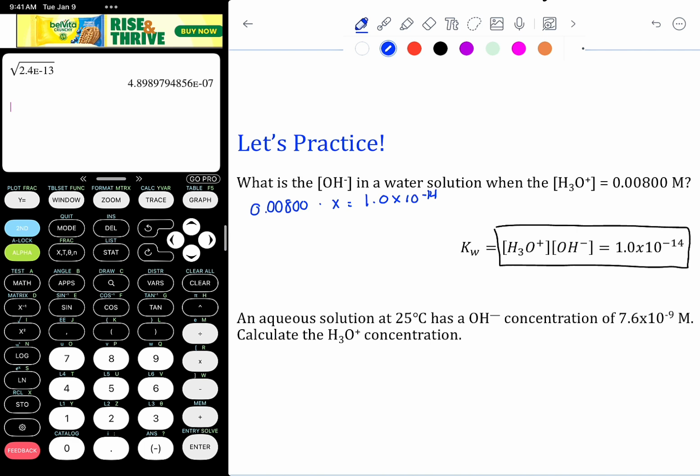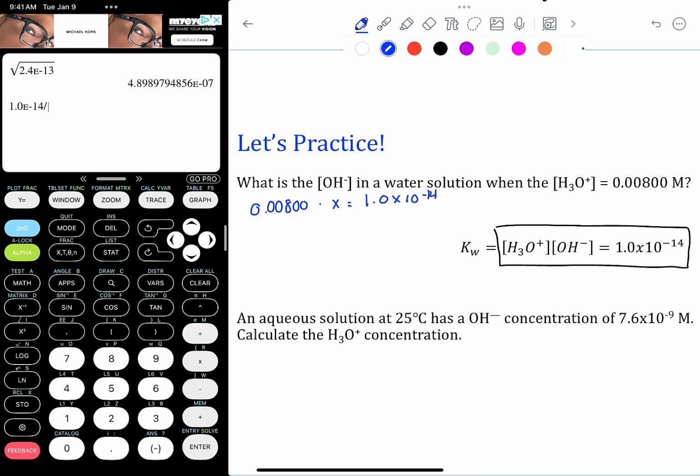So I just have to solve for x by taking 1.0 times 10 to the minus 14 and dividing that by my H3O plus concentration, 0.00800. So we have x is equal to 1.25 times 10 to the minus 12 as our concentration.